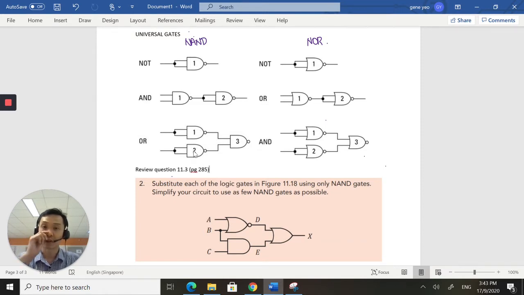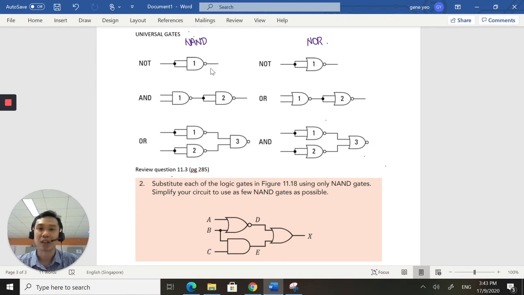Okay, so just remember, universal gates are gates that can be used to build all other kinds of gates. Universal means it can build all the other gates, basically. All right, so there are two universal gates. You can choose either to use a NAND or a NOR gate. Doesn't make a difference. It's the same anyway, depending on what's in the cupboard, right?